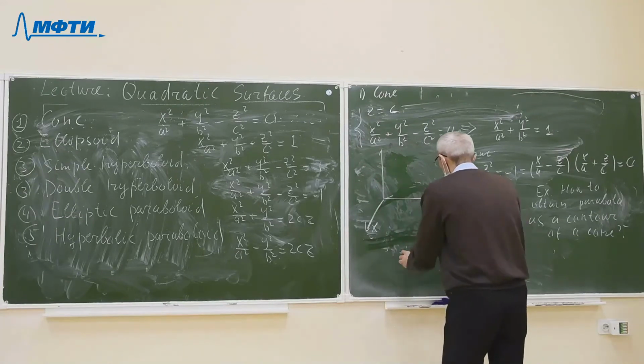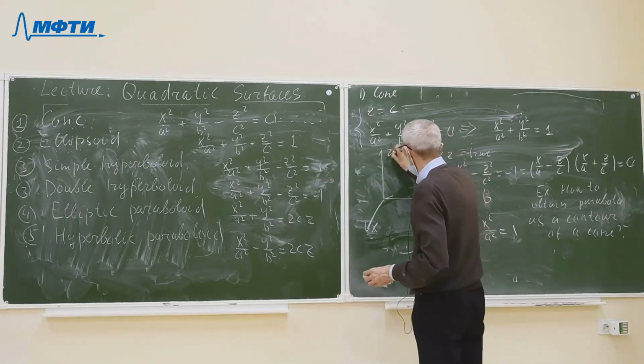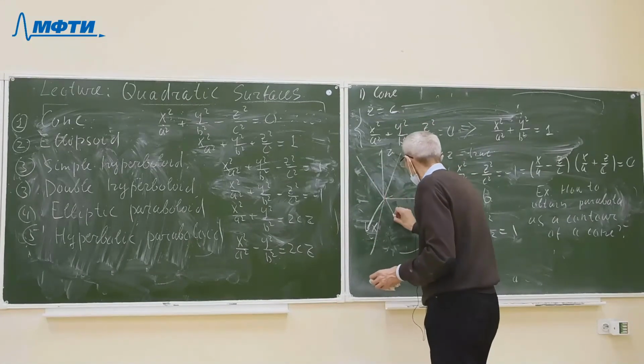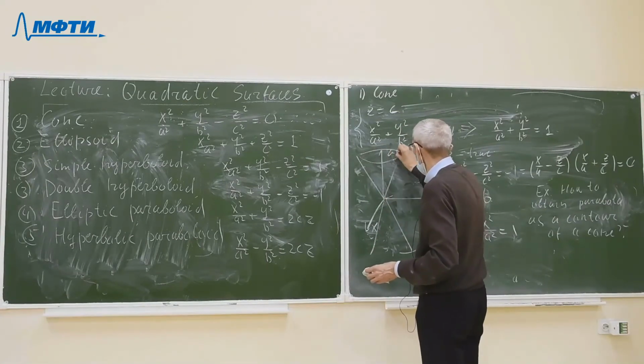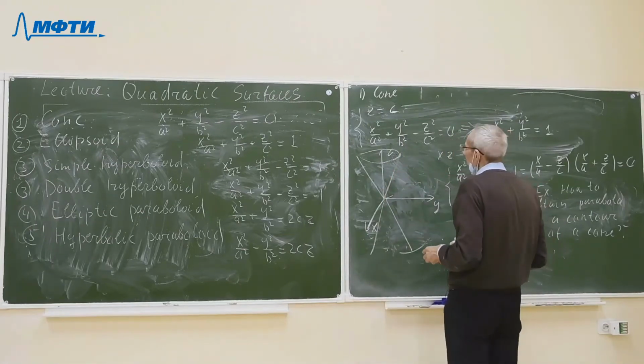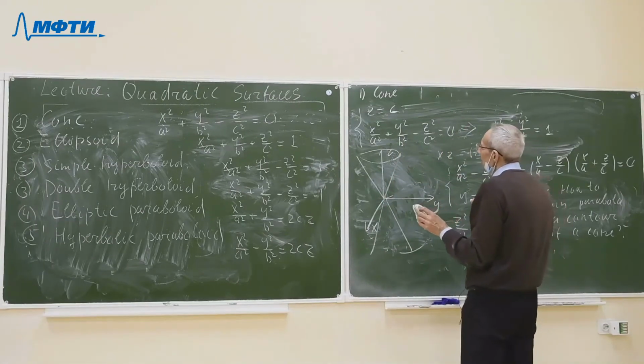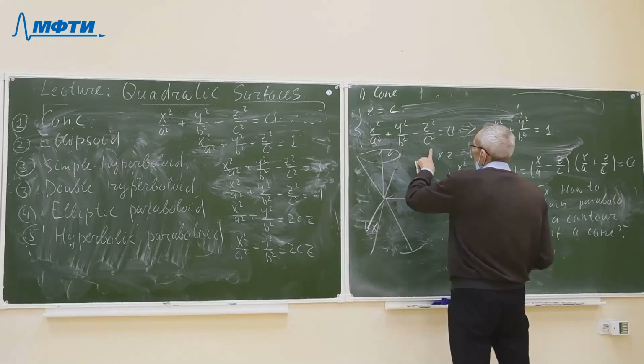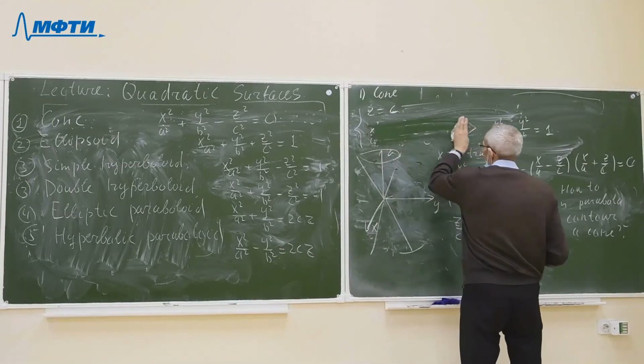X, Y, Z. Our cone. Maybe let's consider the most simple case, when A, B, C are equal to 1, for simplicity.